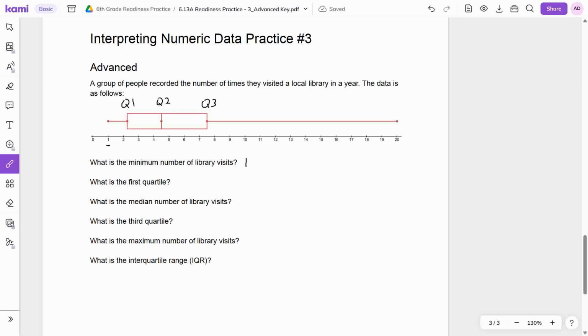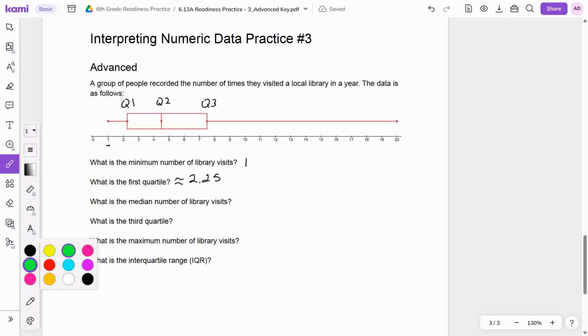Now, it might not be the middle of the box, but it's the middle of the data. And you notice we've got this huge outlier way up here at 20, like it's really skewed over to the left. So the first quartile is going to be between 2 and 3. So let's call it about, I'm going to estimate, 2 1/4. Okay, 2.25. If you got close to that, you're good, because it is an estimate.